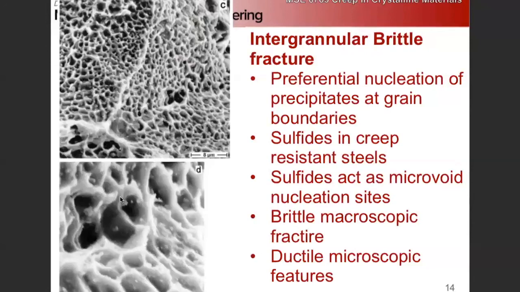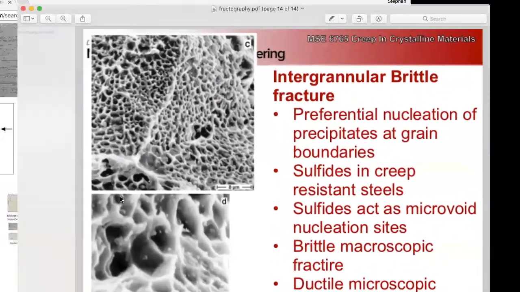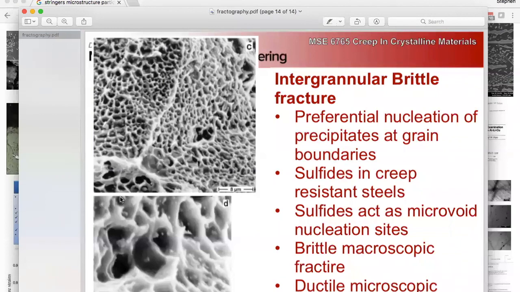So macroscopically, it doesn't take a lot to form one of these and link them up. So macroscopically, it behaves very brittly. Hyperlocally, it's ductile, but the strength of each one of these is so small that it essentially propagates through. So that's just some fun with fractography.